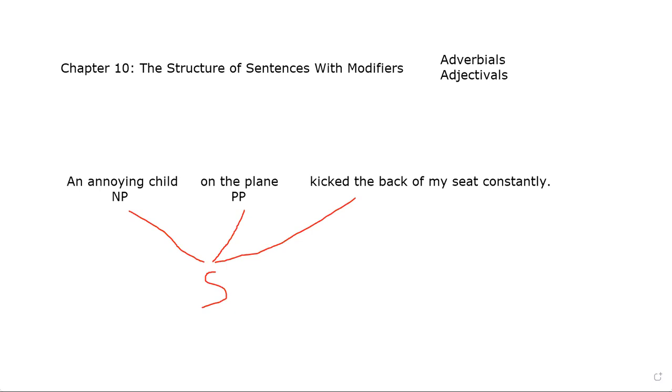But let's just focus on those first two pieces, and they're coming together separately as two separate chunks. But if we looked at it more carefully, we should be able to see that this noun phrase and this prepositional phrase do not belong in two separate chunks.